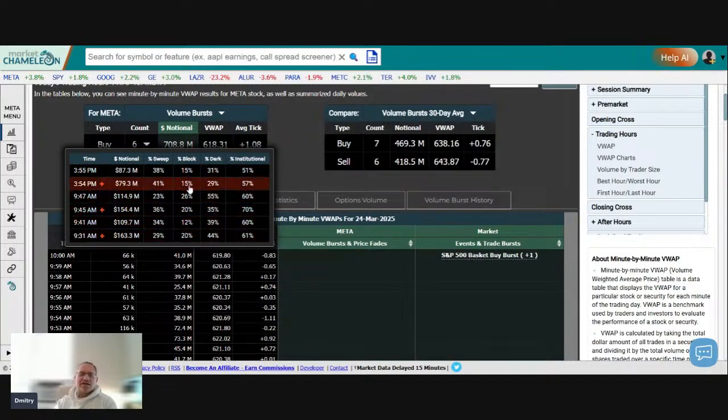Block means that the trade itself was large in size. So when we look at a large institution, you could have an order book showing 1 million shares for sale. Well, the 1 million shares could be one order, somebody just trying to sell 1 million shares, or it could be 1 million different orders. It could be accumulation, because the order book is an accumulation of orders at the same price.